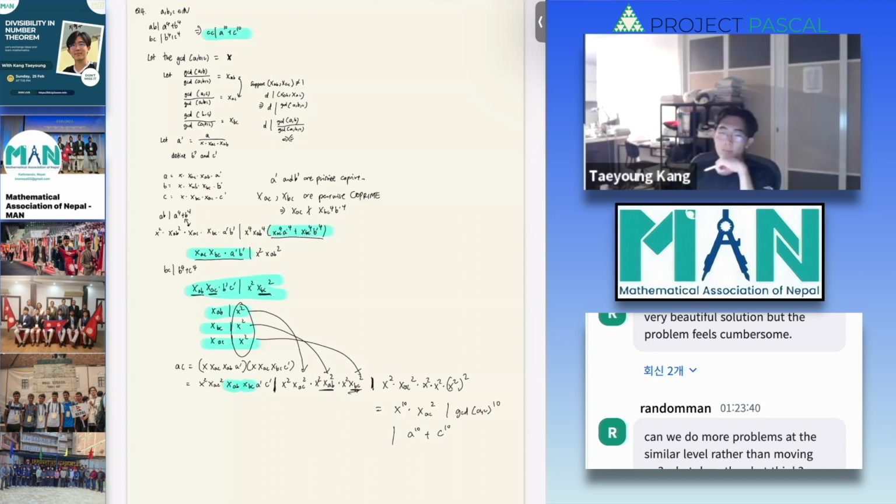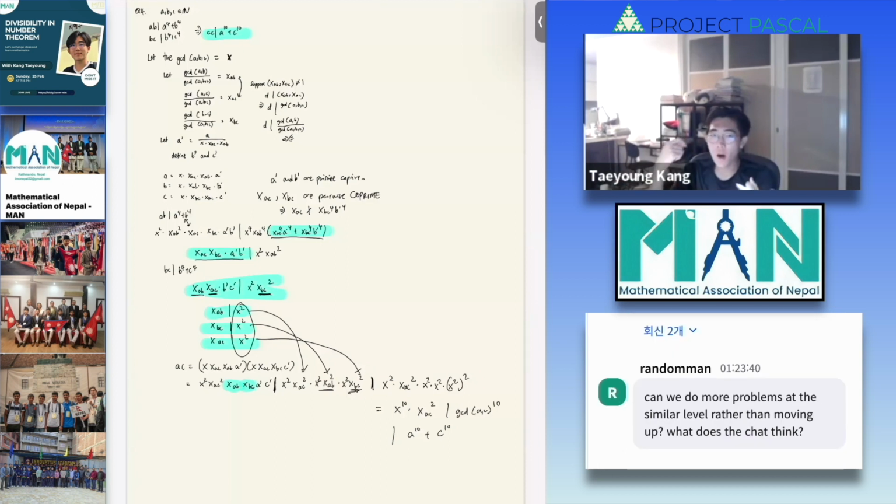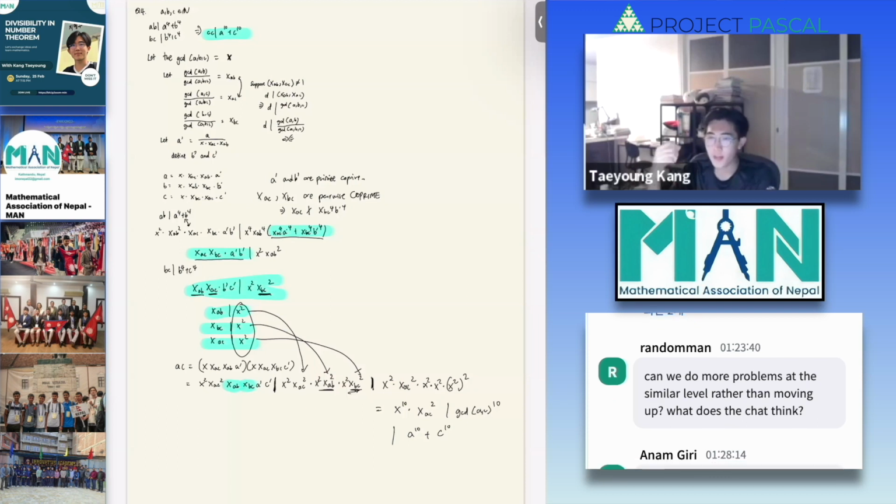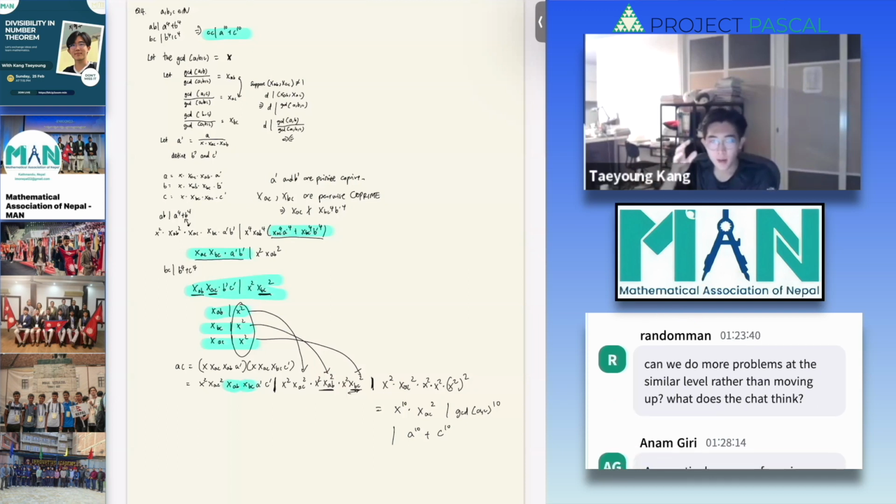I mean, that's Olympiad problems in general, right? As you go higher up in difficulty, you should be thankful that a problem is more cumbersome, because a more cumbersome problem means that you require less thinking and less brain power and more of doing the problem. Because it's much harder to think of new solutions as compared to sitting down and really putting in the effort and working out the whole process to get the solution.